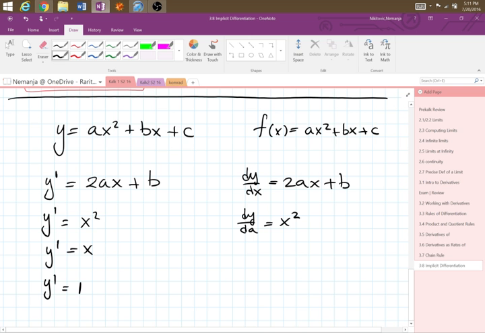And any term that does not contain that variable is going to be a constant term. So now, if you are looking carefully at your function, if you are taking the derivative in respect to a, then the derivative of a is 1, just like the derivative of x is 1, right?